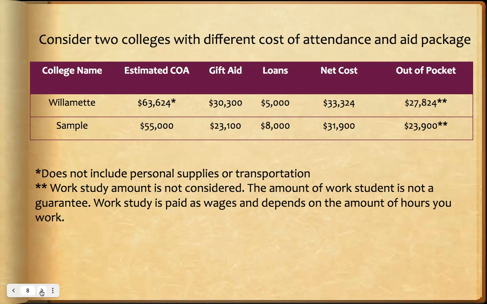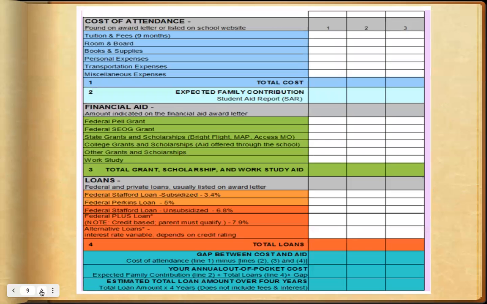And I did post tonight on my website a worksheet to do this kind of thing. If we were in person, I would have those for you. I could hand them out, but we're not. You can download it. And this is what it looks like. This will help you figure out exactly what you would need to pay out of pocket for your cost. Now, this is an older one. The interest rates are different.